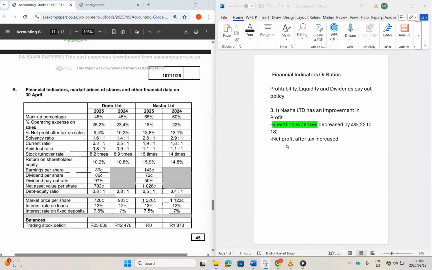So their net profit after tax increased from 3.1% to 13.8, which means it increased by 0.7%, from 13.1%, sorry, to 13.8%. So their net profit after tax increased by 0.7%. I think it's 0.07%. Let me just verify.